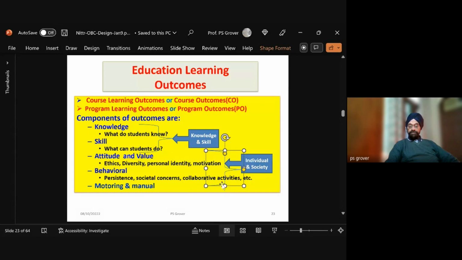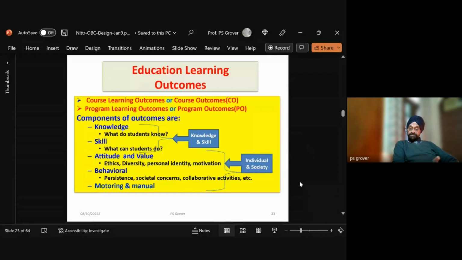Now, how do I design this curriculum? Please appreciate this thing again. Designing this type of curriculum would mean we not only prepare a syllabus, we prepare the methods of assessing them. We prepare the instructional tools of delivering them. Only then they will be there.